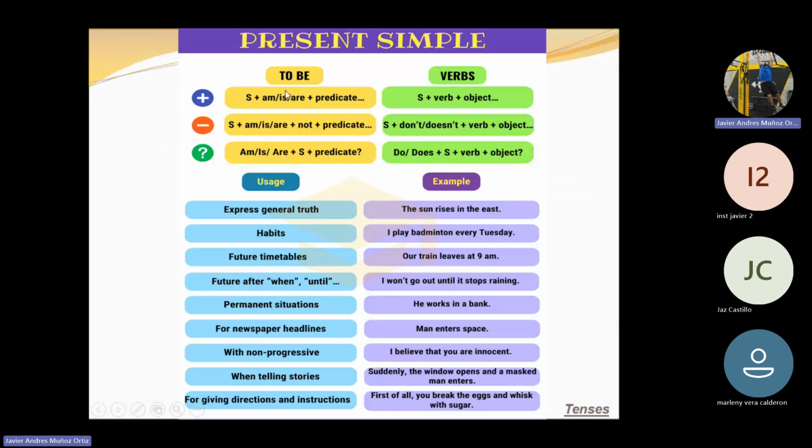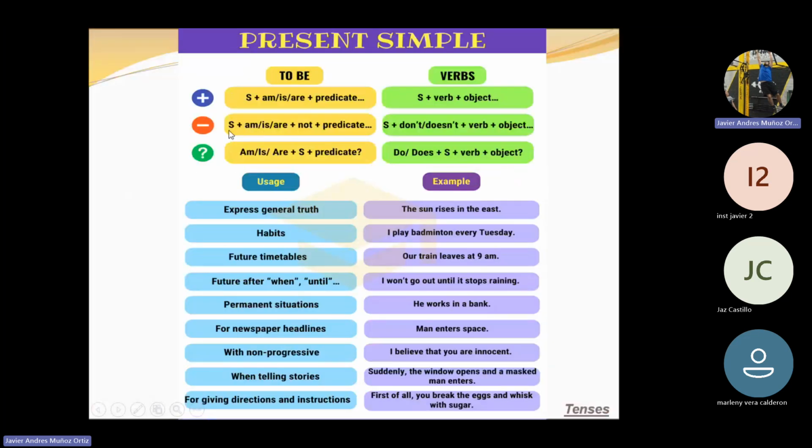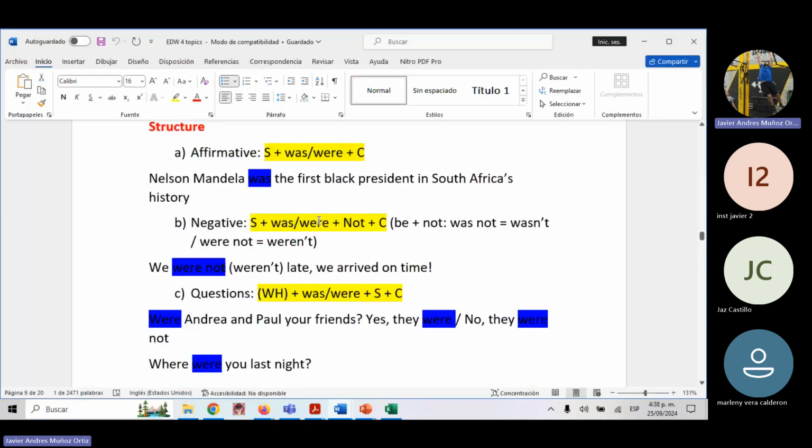Mariana is engaged. Mariana está comprometida. In past, Mariana was engaged. That's it. The only thing we need to be aware of is the conjugation of verb to be and obviously the context with the adverb. We could say, for example, when negative, we are friends. In past form, we were not enemies. Let's suppose that.